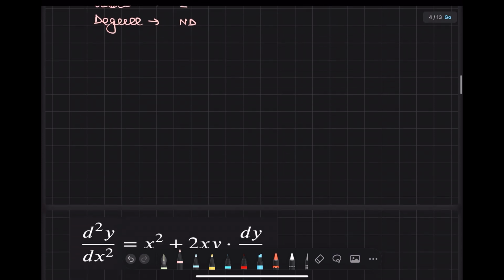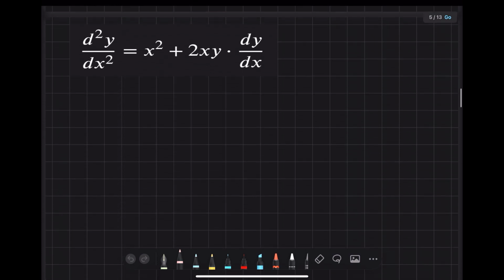Okay, now let's move on to the next question. First order, then we have degree. Look at this. This is differentiated twice, this is differentiated once. None of them is inside anyone's argument, so you have already converted it into polynomial.